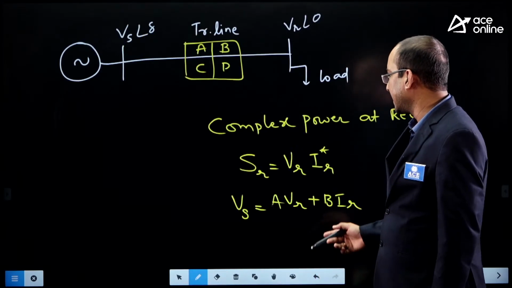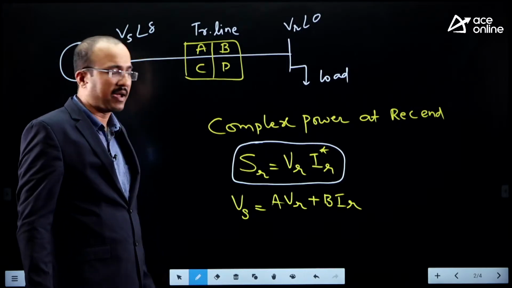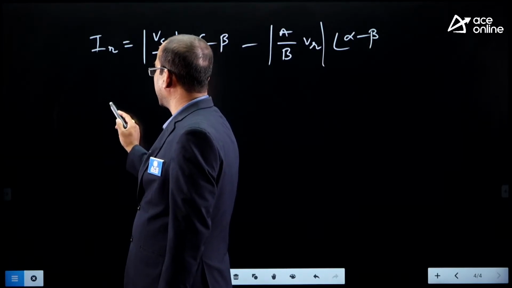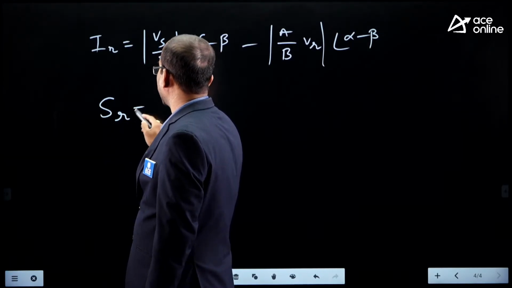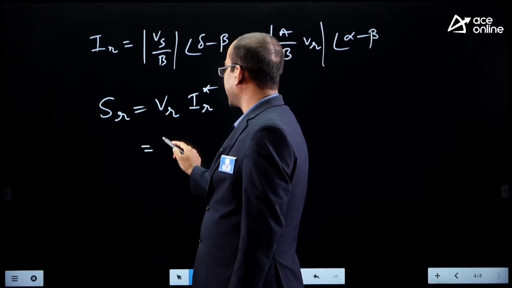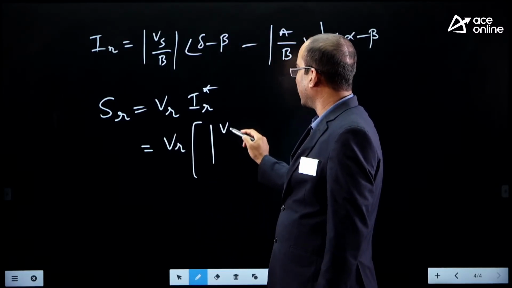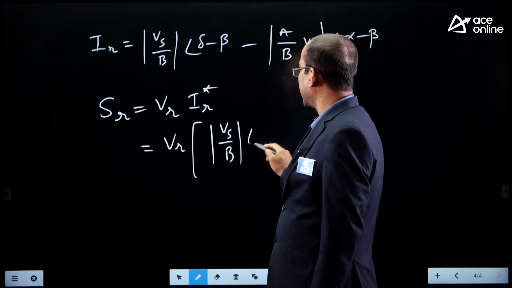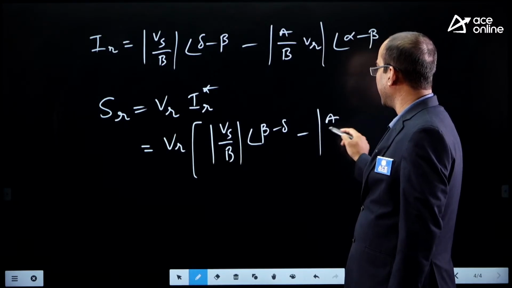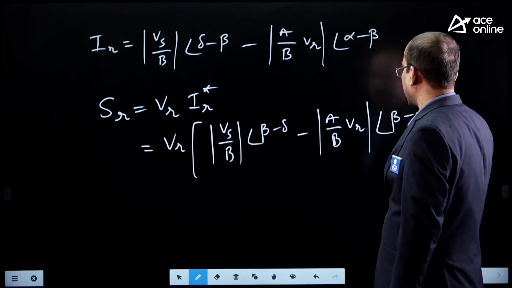But while calculating the complex power, we require IR conjugate. How do you write the conjugate of this current? The complex power SR is equal to VR into IR conjugate. Taking the conjugate, we get Vs by B at an angle of beta minus delta, minus A by B VR at an angle of beta minus alpha.